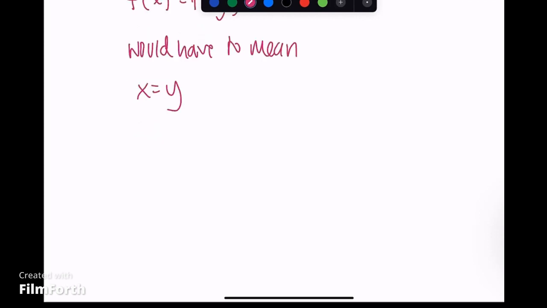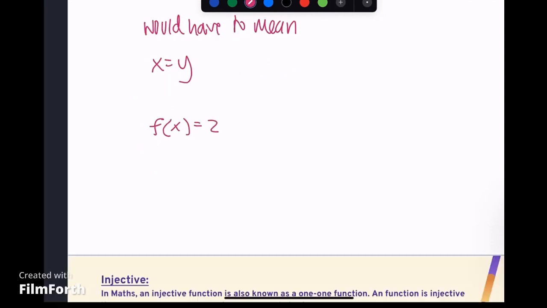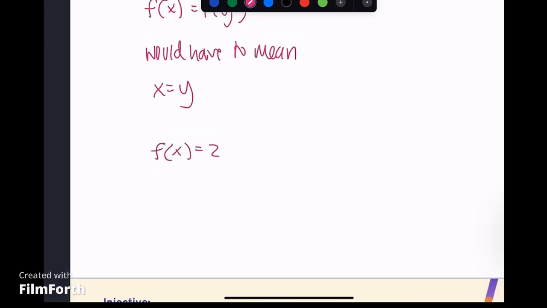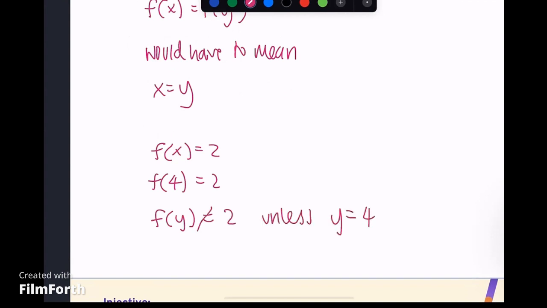For example, if f(x) equals 2, the only input might be 4. So if f(4) equals 2, no other f(y) will equal 2 unless y equals 4. So it's basically saying that a unique input gives a unique output.